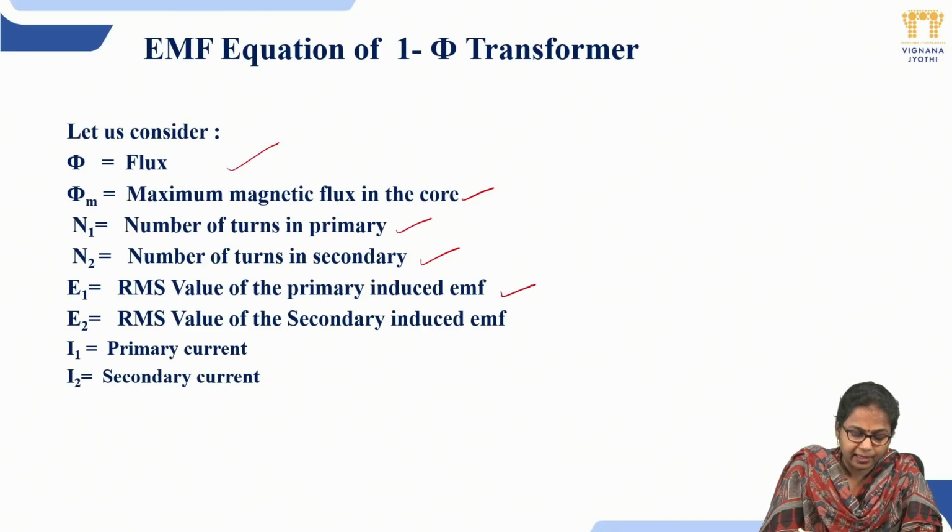Capital E1 represents the RMS value of the primary induced EMF, and E2 the RMS value of the secondary induced EMF. The current flowing through the primary is the primary current I1, and the current flowing through the secondary when it is connected to its load is represented by the symbol I2.